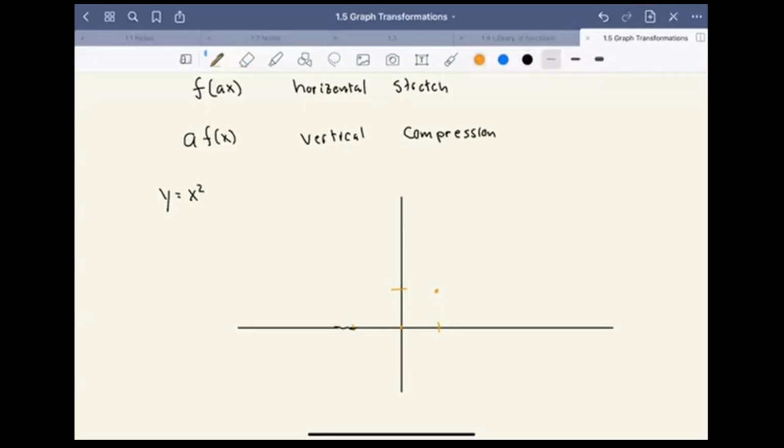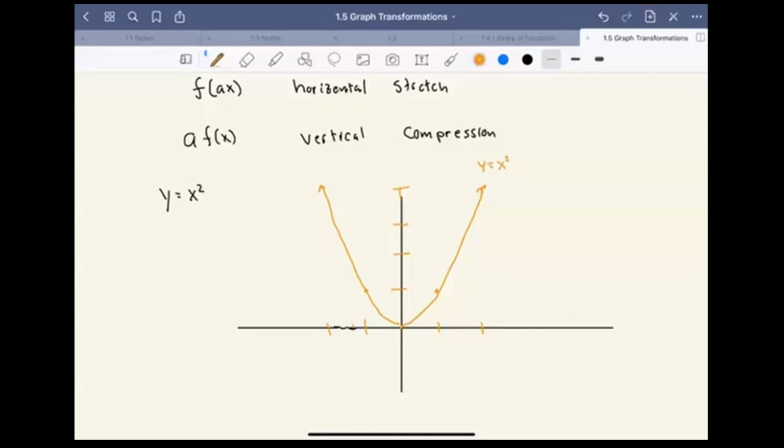There we go. 1, 1. Then 2, comma 4. So I'm being very diligent here about my y equals x squared.